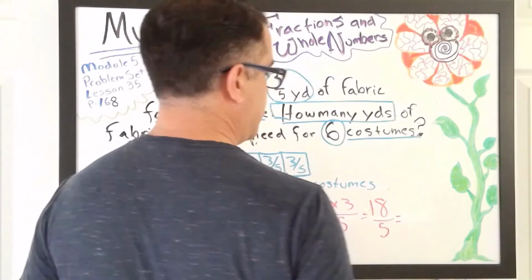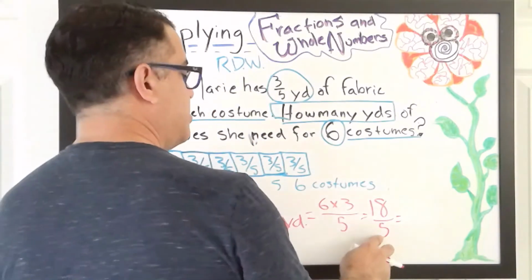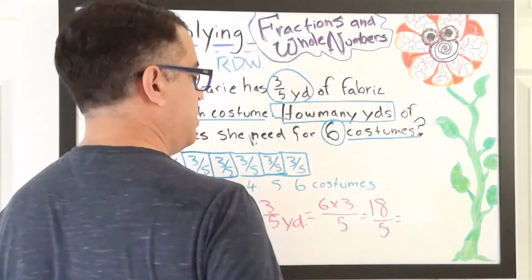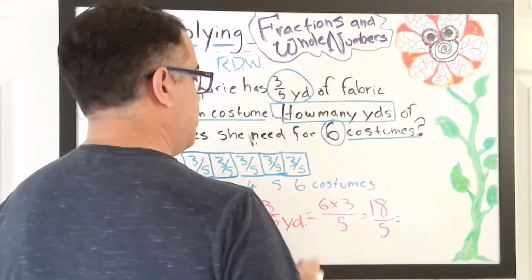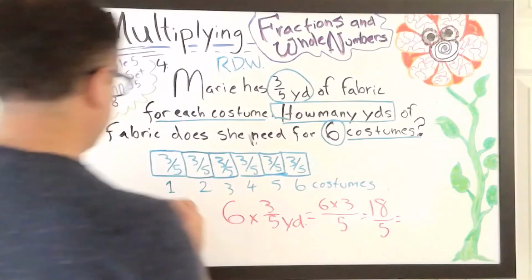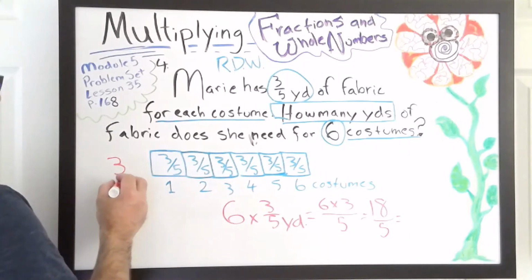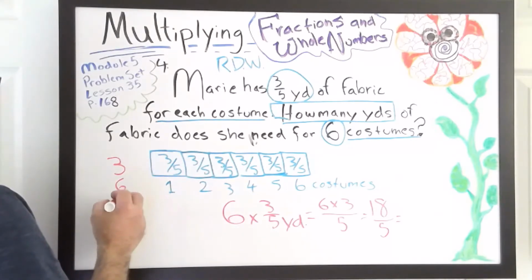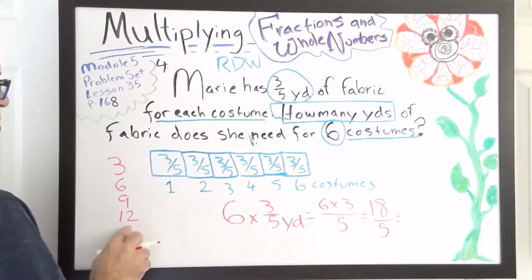And what is that as a mixed number? Well, let's think about how many sets of 5 are there in 18? Well, the third multiple of 5 is 15. Here's your first multiple, 5 times 1. 5 times 2 is 10. 5 times 3 is 15. That's still too low?